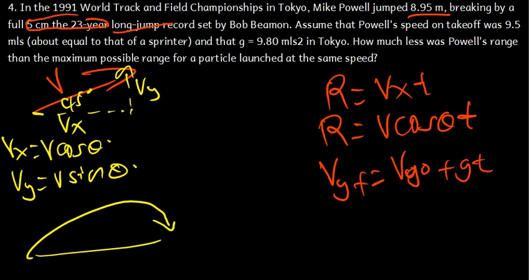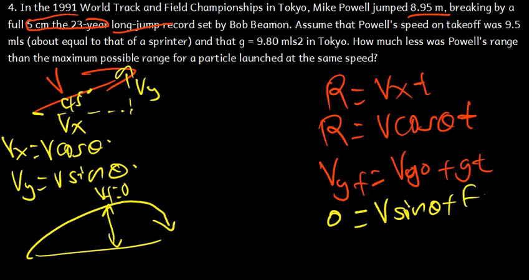Whenever it reaches the maximum height, the final velocity at that point is going to be 0. So we're going to have 0 here. It's going to be equal to V sin theta, because it is in the y direction, plus g, which is going to be negative because it is going up, times t. Our goal is to find the value of t.